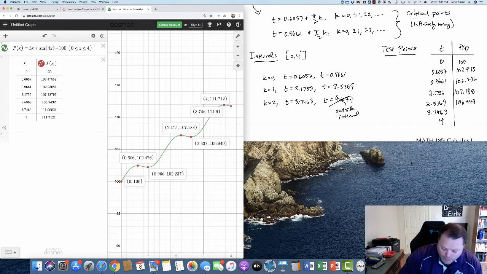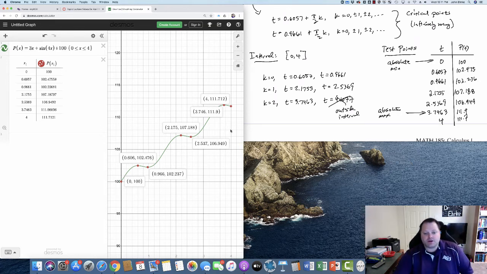The largest of these values looks to be this point here. So this is my absolute max. And the smallest of the values, understandably, is the initial population. So there's my absolute min. So you can see here, absolute max at this point, absolute minimum at this point.